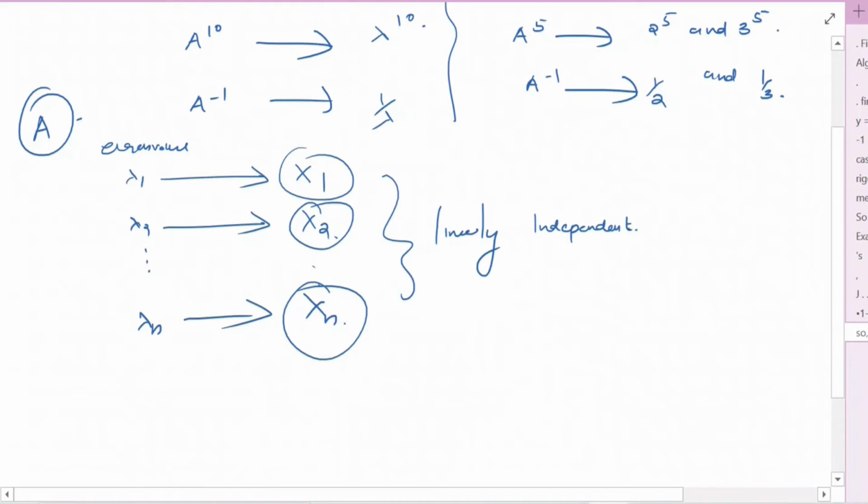You know what linearly independent means? There is no relation between these vectors. They are not depending on each other.